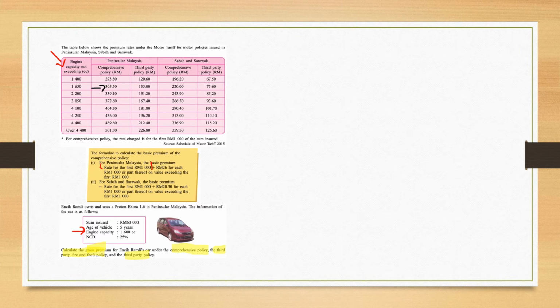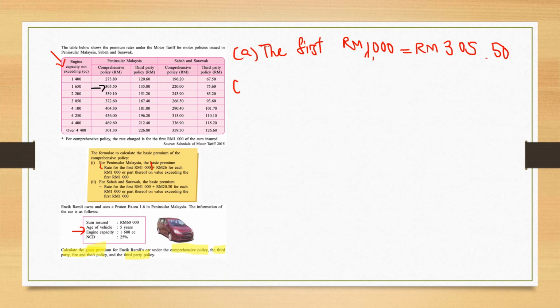Okay, so let's list that down. The first 1,000 ringgit is equal to RM305.50. That's part A. Now part B. Part B should be this star right here. So 26 ringgit, as I mentioned, you saw the formula.